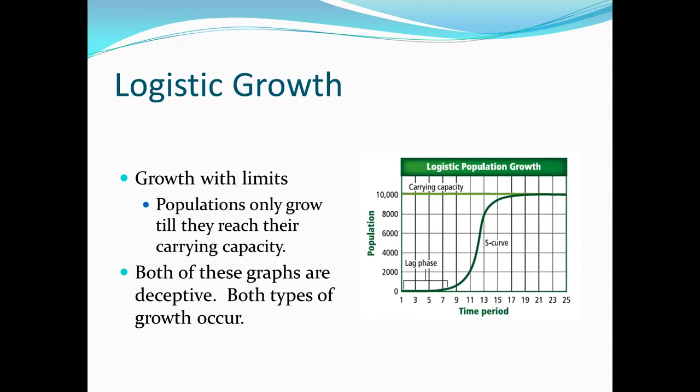There's probably more of a combination model where populations tend to increase to a point, they go beyond their carrying capacity, and then they drop. But they typically will go back and forth along their carrying capacity, population size wise, but they never stabilize, not like this graph right here shows.